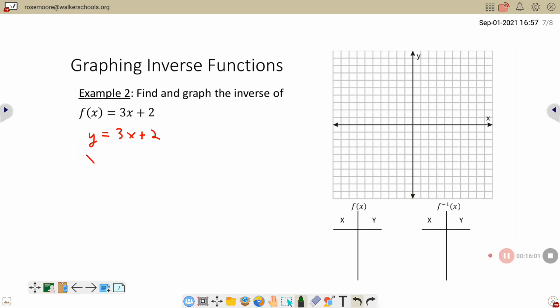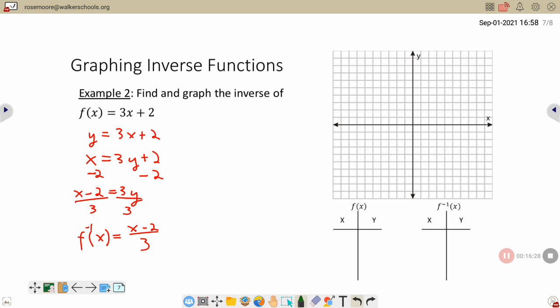I know I need to switch my x and y, which is why this whole graphing thing is happening to you. And then I need to solve for y. So that's a little refresher. So I get my inverse function is x minus 2 over 3. Now I'm going to graph them.